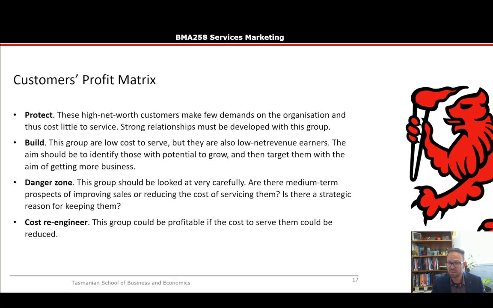It costs a lot to service them, but we don't make much money out of them. Like why? It could be these people in the danger zone might not be directly good for our business, but we could be getting a lot of customer referrals from them. You might experience this in business as well, where you go, well, this customer in itself, just based on revenue and profit, isn't very valuable, but these customers do bring in a lot of extra business.